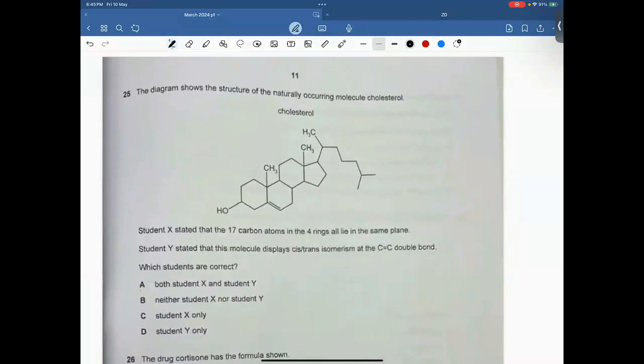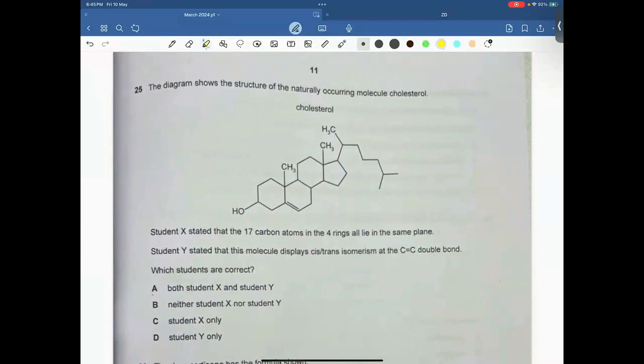Question number 25. The diagram shows the structure of the naturally occurring molecule cholesterol. Student X stated that 17 carbon atoms in the four rings all lie in the same plane. Since the structure is tetrahedral, they cannot lie on the same plane, which means student X is incorrect.